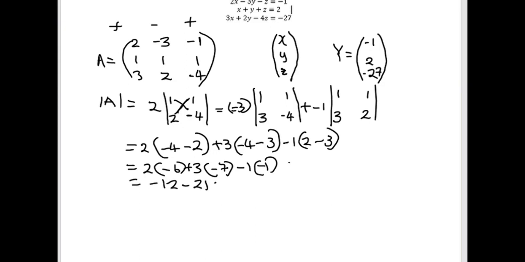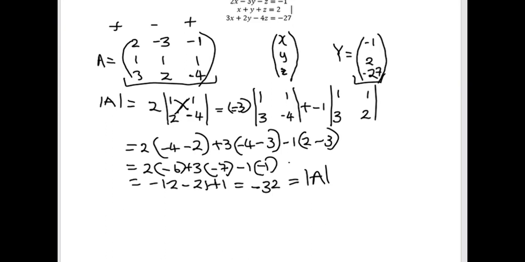And minus 1 times minus 1 is plus 1. So minus 12 minus 21, that's minus 33, plus 1 is minus 32. So this is my determinant of A. Now that I have computed the determinant of my original matrix A, I'll move over to start augmenting my A matrix and my Y matrix.